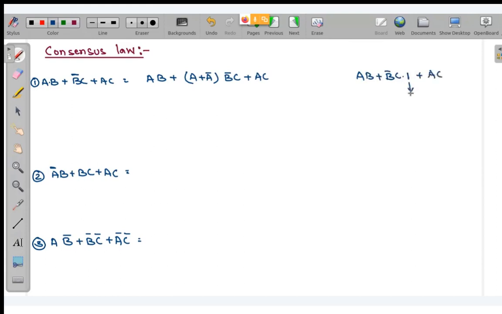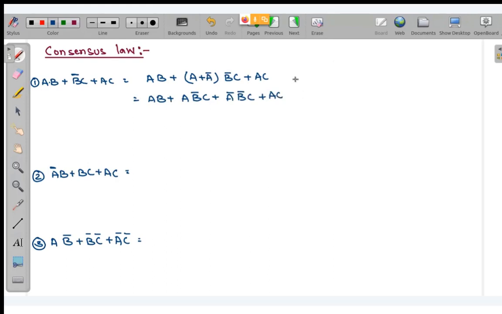Here I have substituted 1 as A plus A bar and written this over here. So now what am I going to do? Look very carefully. A B bar C plus A bar B bar C plus AC.